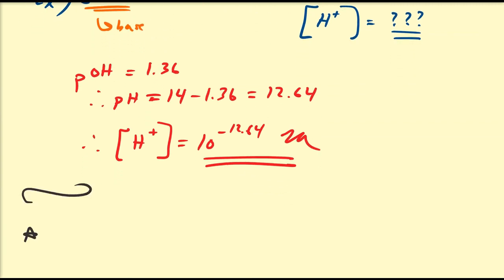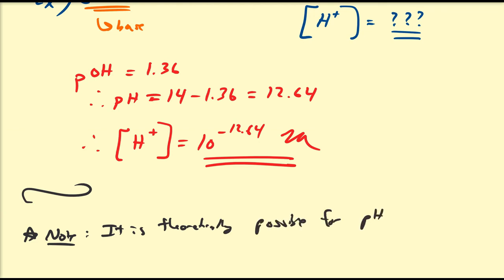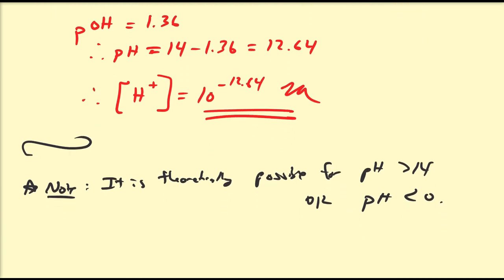And I just want to mention one more thing, just a side note. It is theoretically possible for the pH to be greater than 14 or the pH to be less than 0, right? So in the case that the pH is greater than 14, that would be highly basic or highly alkaline.